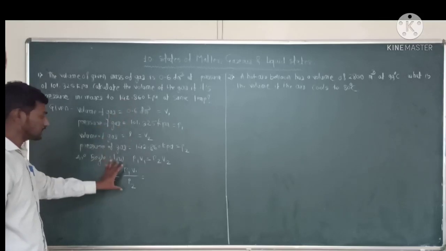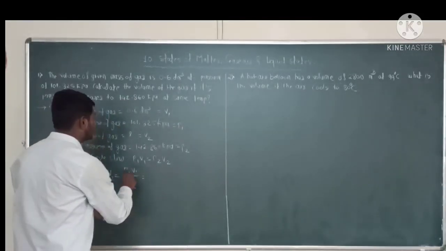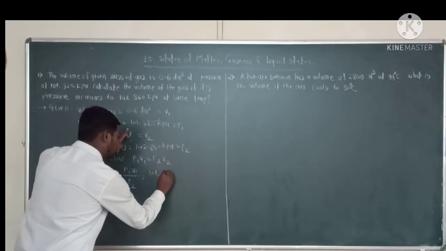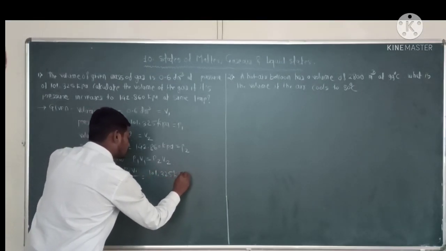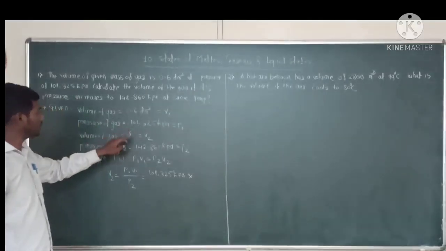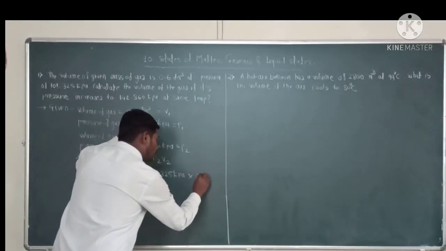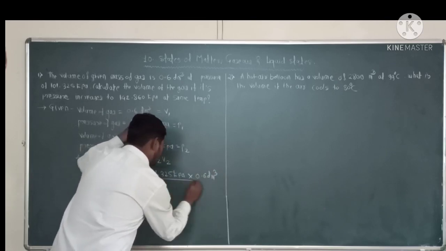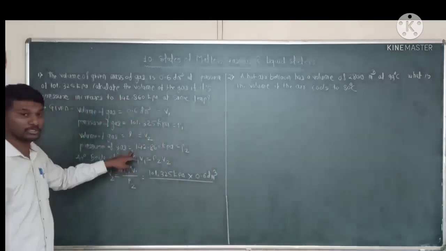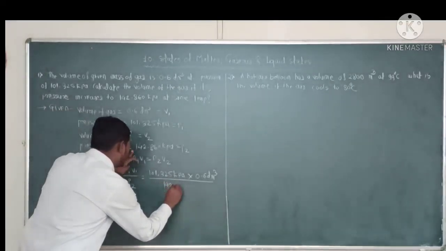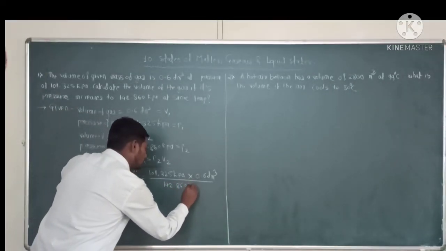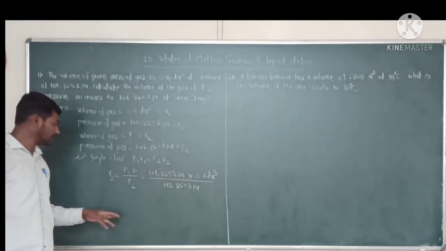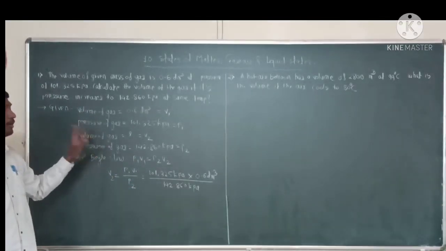Put the values in this equation: P1 is 101.325 kilopascal into V1, 0.6 decimeter cube, divided by P2, which is 142.860 kilopascal. Solve this equation and you get the answer, that is V2, the volume of the gas.